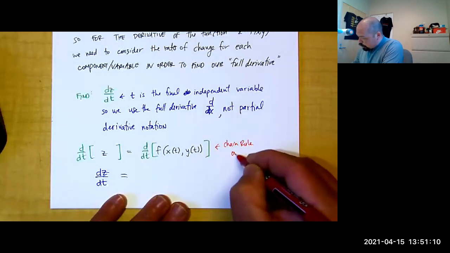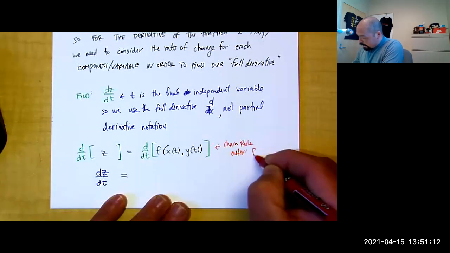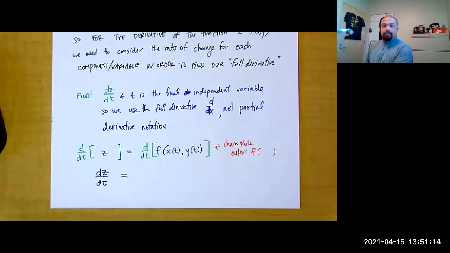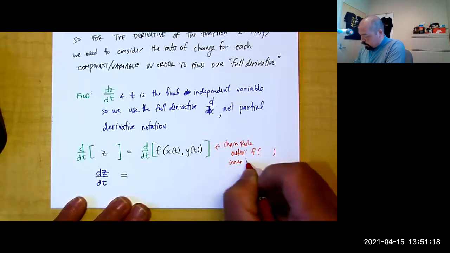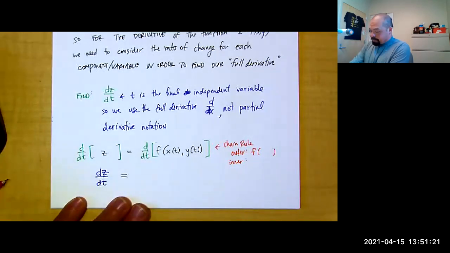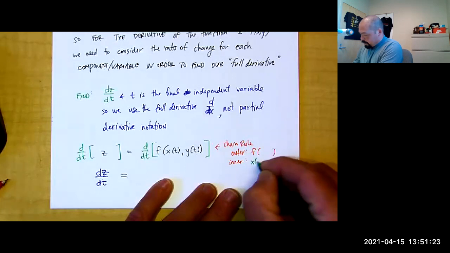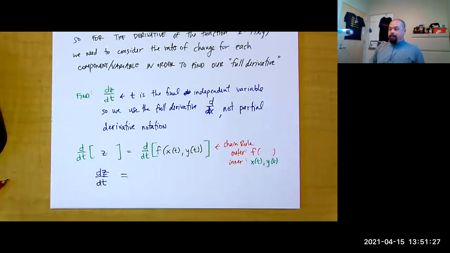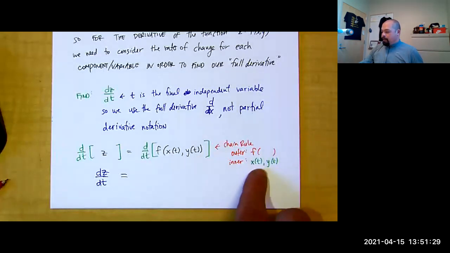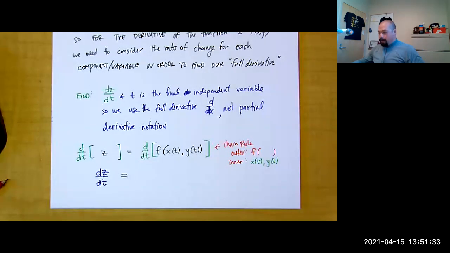The outer function is that f. The inner functions are going to be the x of t, y of t, because f depends on x, and then x depends on t. So really there's kind of like this middle layer.